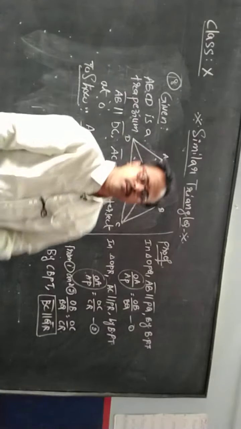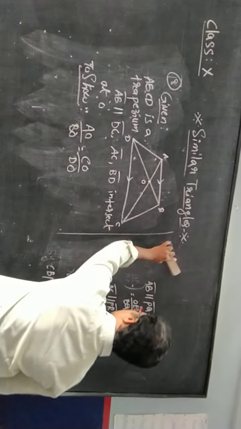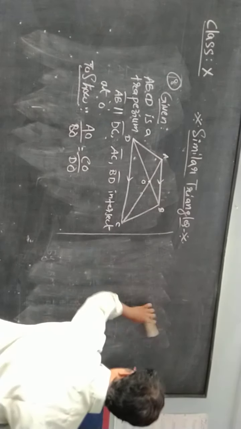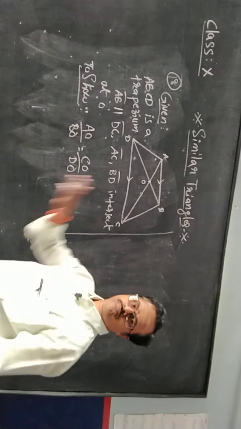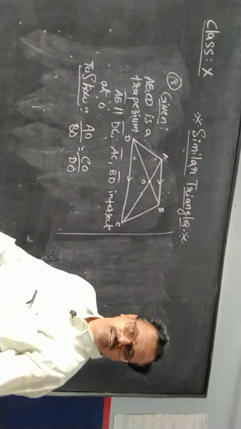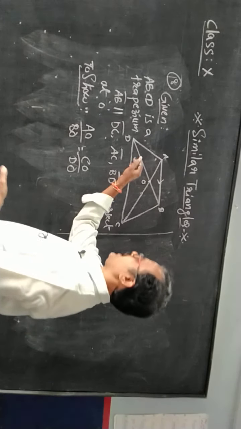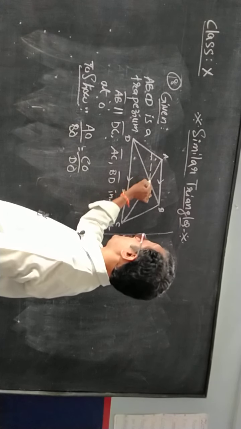Yes? Very good. But to apply basic proportionality theorem, what do you want? We want a parallel line, isn't it? So do you have any parallel line inside? No, we don't have any parallel line inside. So for that purpose, we make a line parallel to AB or to CD.